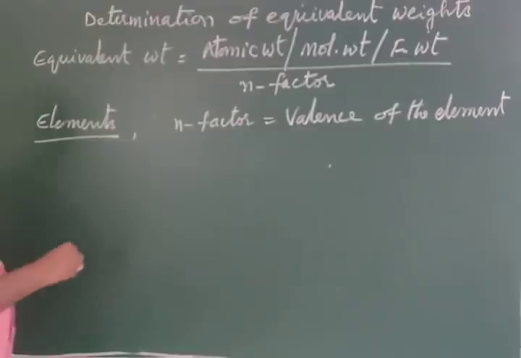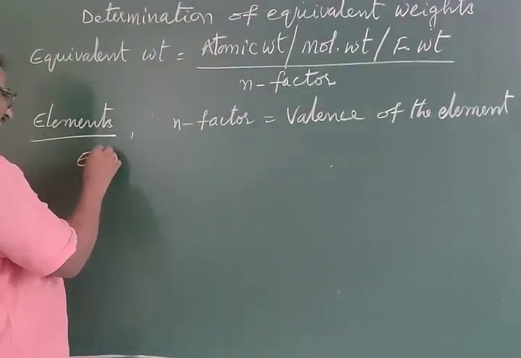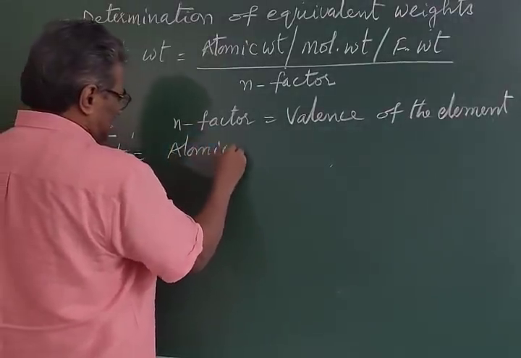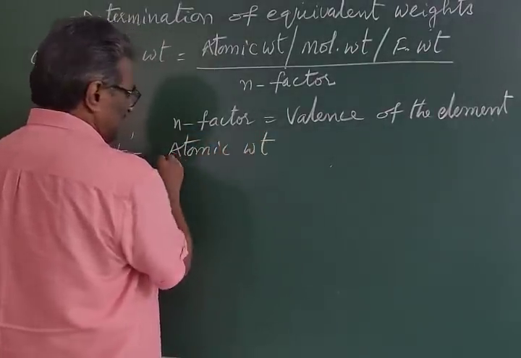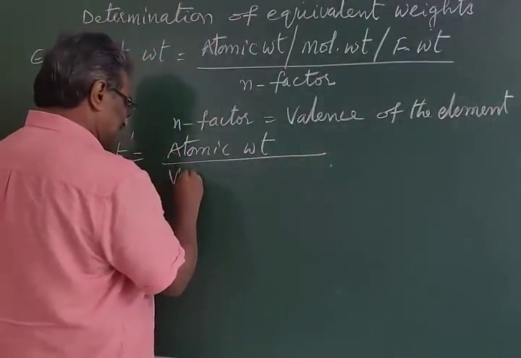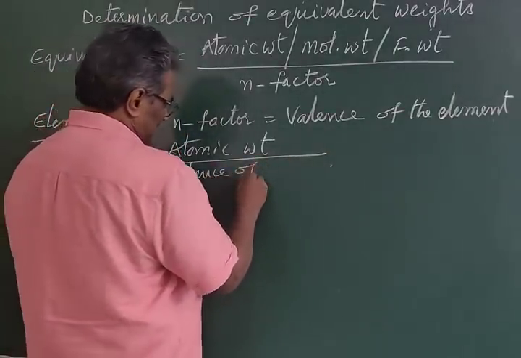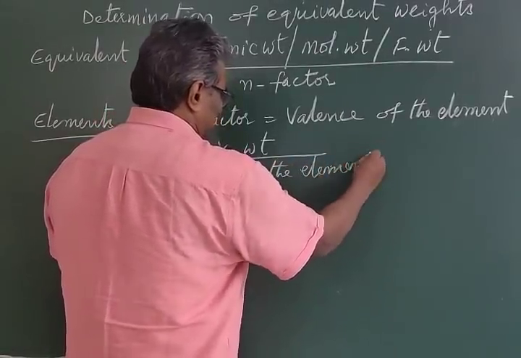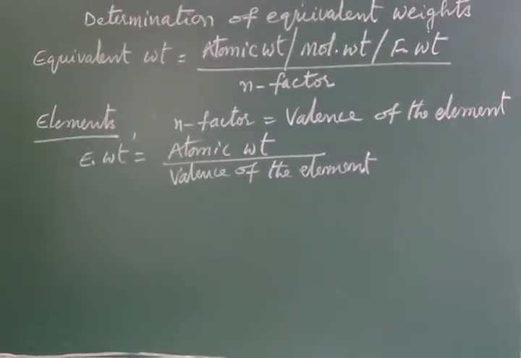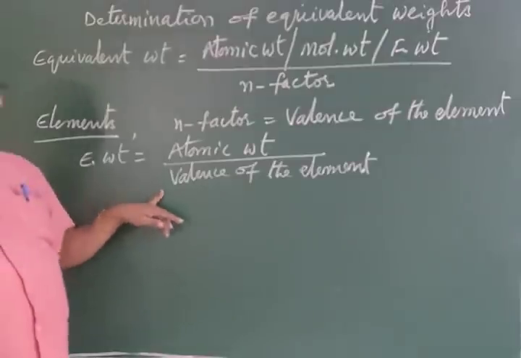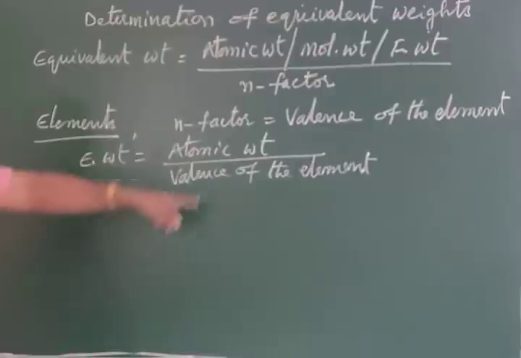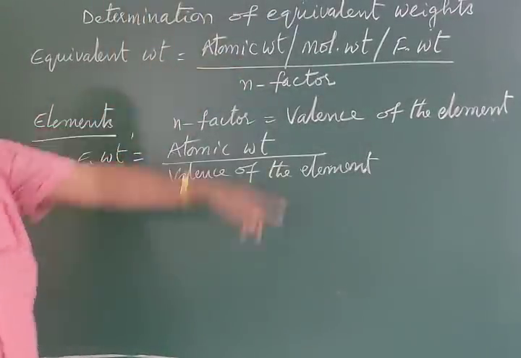So, in the case of elements, equivalent weight is equal to atomic weight by valence of the element. Atomic weight by valence of the element gives the equivalent weight of substance. What is the n factor here? Valence of the element is the n factor here. In the case of elements, we take atomic weights.